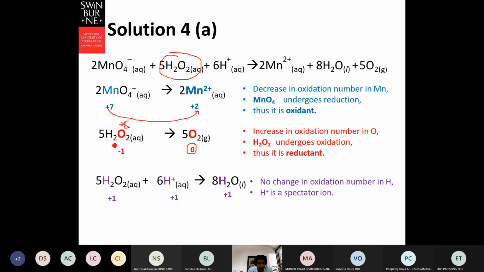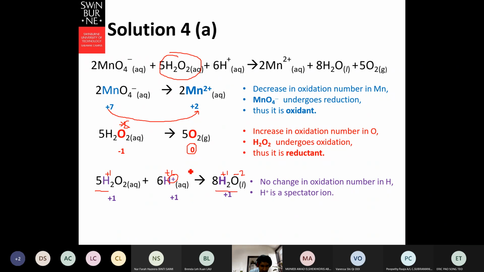What about the leftover hydrogen? The 5 hydrogen should produce water molecules as well, and all together it is producing 8 water molecules. If we look at the charge, hydrogen is +1 here, +1 here as well, and +1 here also, because in water, oxygen is -2.